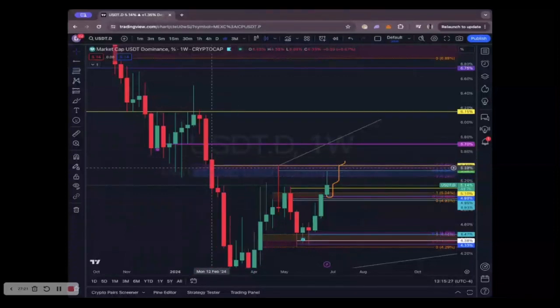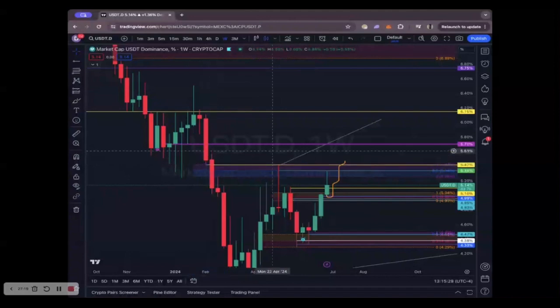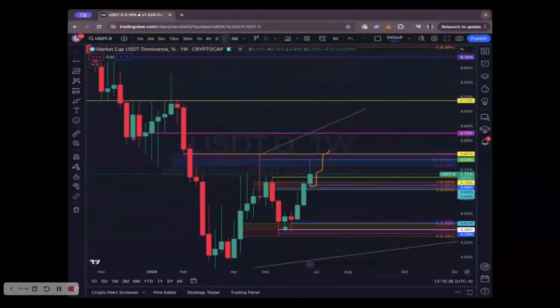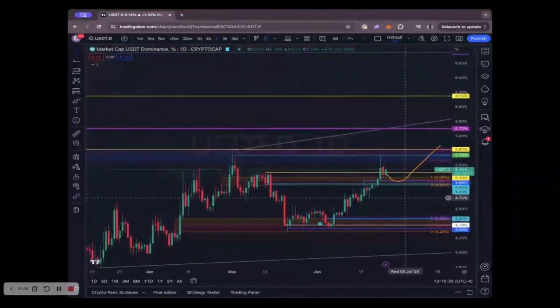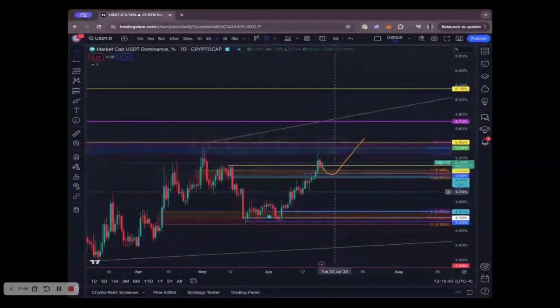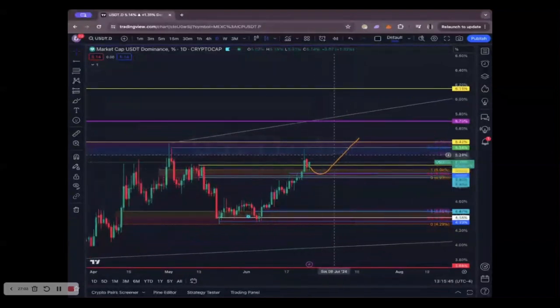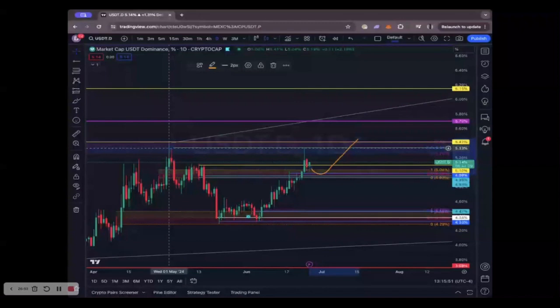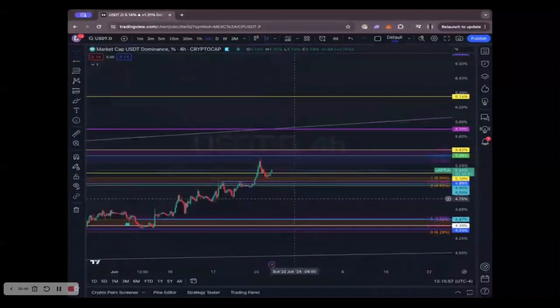Basically, every time this chart goes up, the crypto market dumps. Every time this chart goes down, crypto markets will pump, right? It's very simple. On the low time frames, we actually just flipped this 5.5% level, with a draw at 5.34, a daily dump.